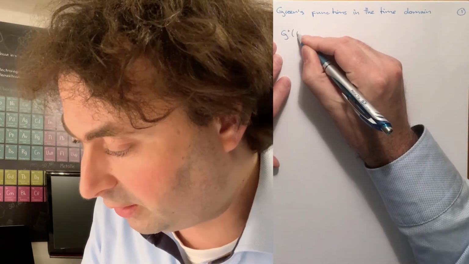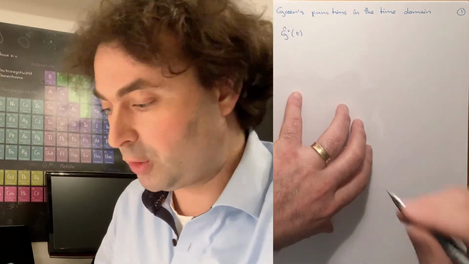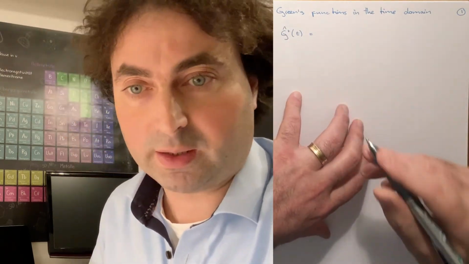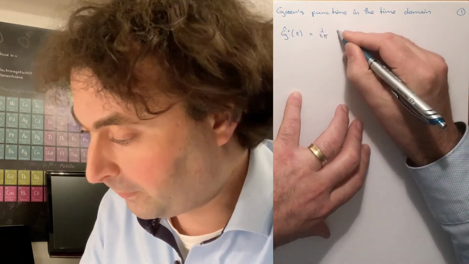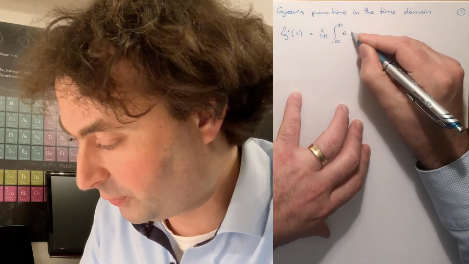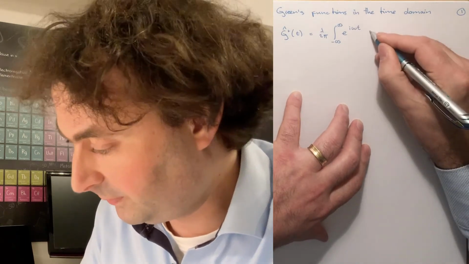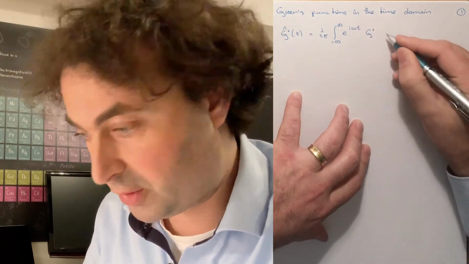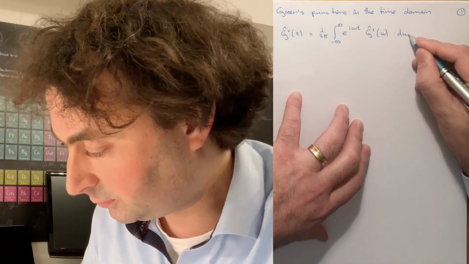So we want to calculate the Green's function in the time domain, and let's start by looking at the Green's operator and then calculate expectation values of those operators to get the Green's functions. And we'll define this as the Fourier transform of the Green's function in the frequency domain, e to the i omega t, G plus of omega, d omega.